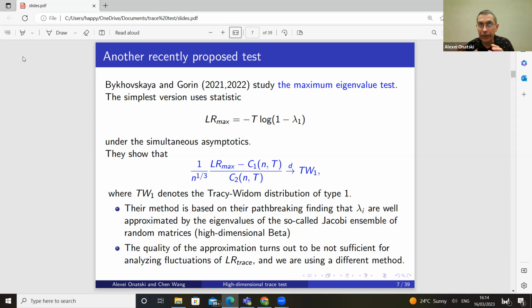It can be actually even growing number of eigenvalues, but not proportionally to n or t. In the simplest version of maximum eigenvalue test is also likelihood ratio test of the same null of no co-integration, but against alternative of only one co-integrating relationship. There are other versions of maximum eigenvalue test, but let me consider just the simplest one.